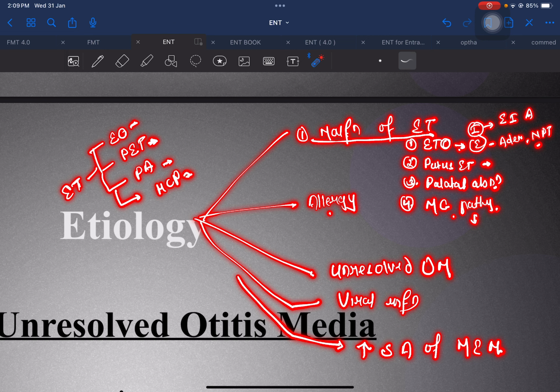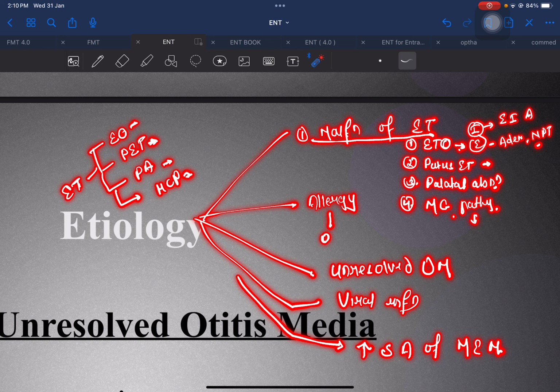And talking about allergies, there are seasonal or perennial allergies to inhalants or food stuffs. This will lead to both obstruction and an increase in secretory activities of the middle ear. So allergies cause exaggeration due to inhaled foodstuffs or any of the allergens.